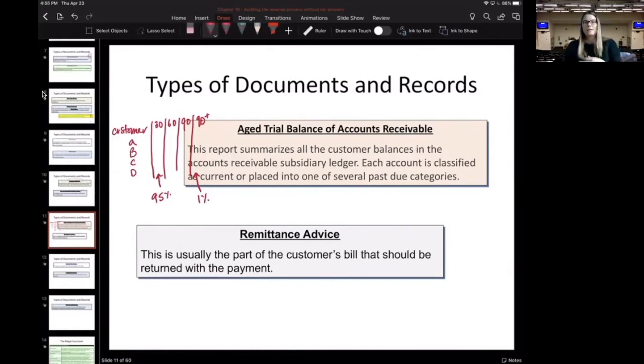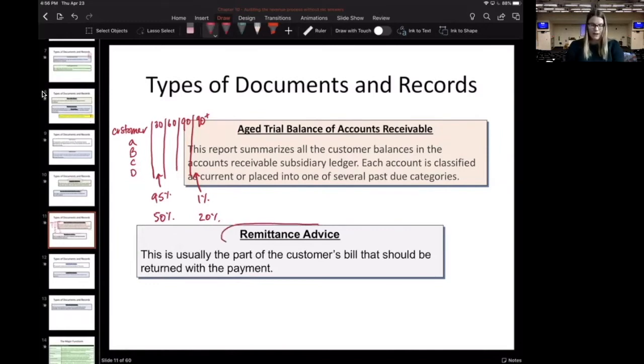Versus, okay, if somebody comes this year and is trying to audit your books, and all of a sudden you have 50% in the 30 days or less, and like 20% is in 90 days plus, then clearly you're having a lot of collectability issues in this current environment, and that would definitely be cause for concern.